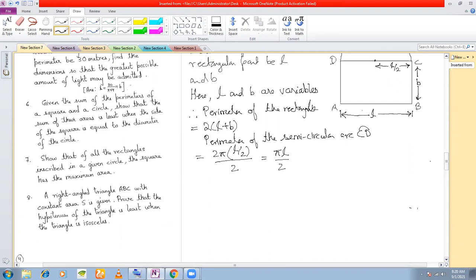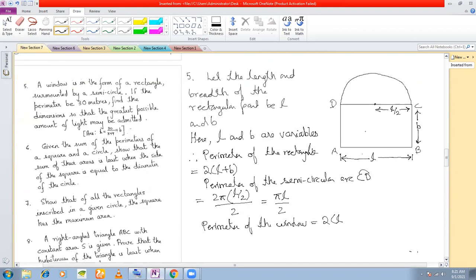So what is the perimeter of the figure? Perimeter of the window is twice. Okay, perimeter of the rectangle, I have included the part CD. So perimeter of this should be rectangular part, because we are not including this side CD, right? So therefore, it should be AB plus twice BC.